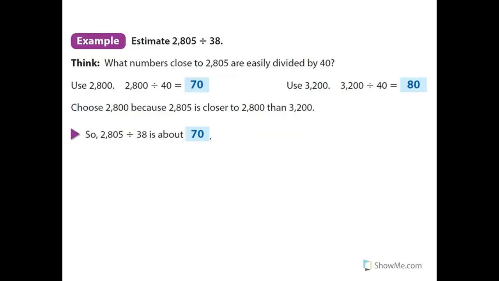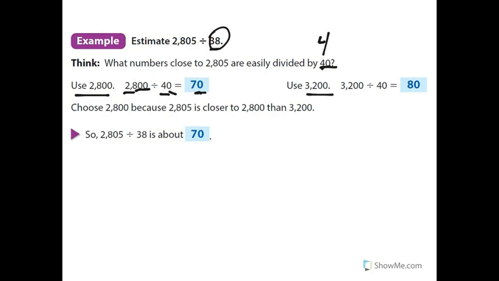All right, and then our other example here, estimate 2,805 divided by 38. Well, what numbers close to 2,805 are easily divided by 40? You see what they did there? They took 38 and made it 40 because our 4 there in the tens place, we can use that to make a division fact that's easy. So you can use 28, because 28 divided by 4 is 7. 2 zeros minus 1 zero is 1 zero.